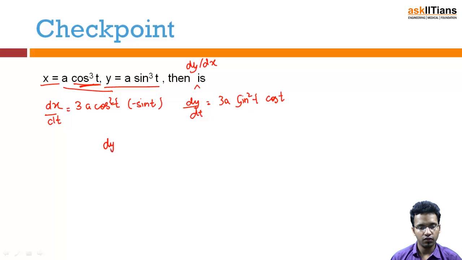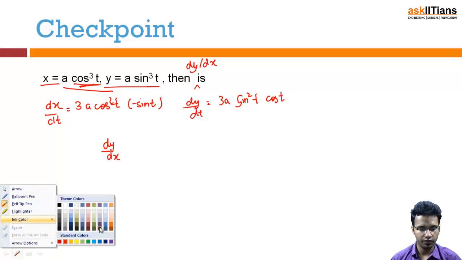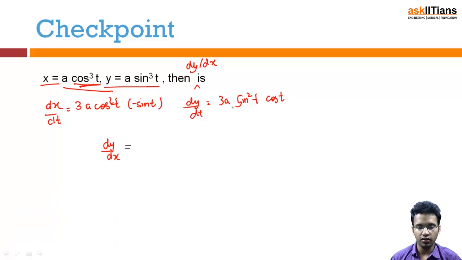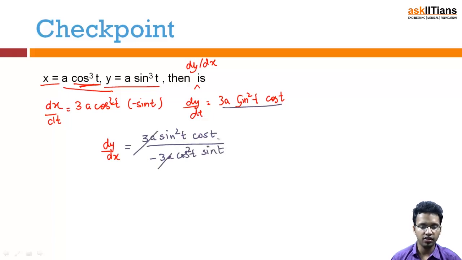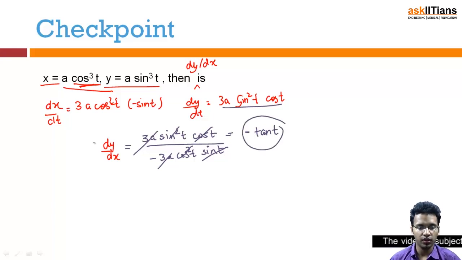To find dy by dx, I'll write this one in the numerator: 3a sin square t cos t over minus 3a cos square t sin t. So cos cancels with cos, sin with sin, and this reduces to minus tan t.